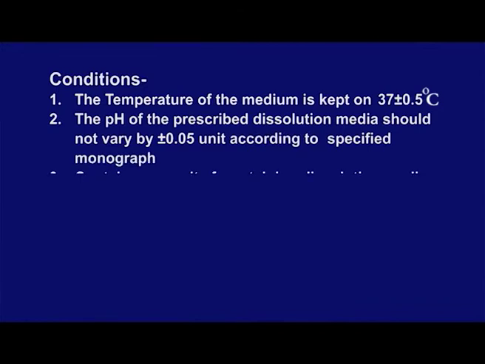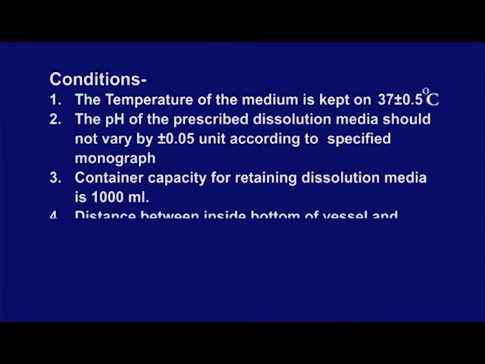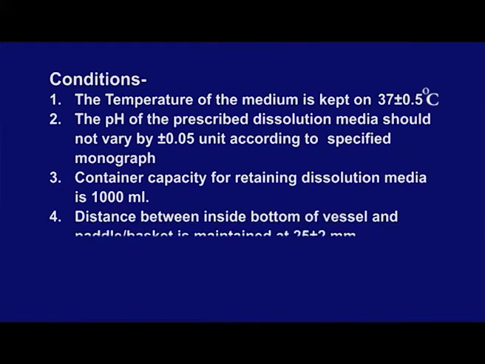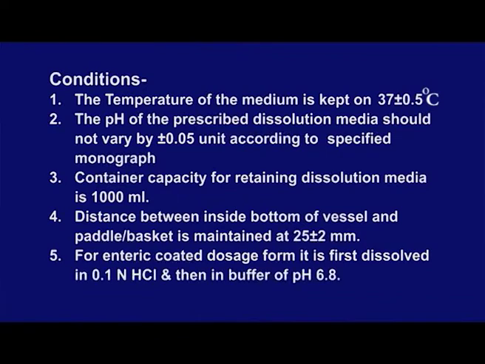Third, the container capacity for retaining dissolution medium is 1000 ml. Fourth, the distance between the inside bottom of the vessel and the paddle or basket is maintained at 25 plus minus 2 millimeter. Fifth, for enteric coated dosage form, it is first dissolved in 0.1 normal HCl and then in buffer of pH 6.8.